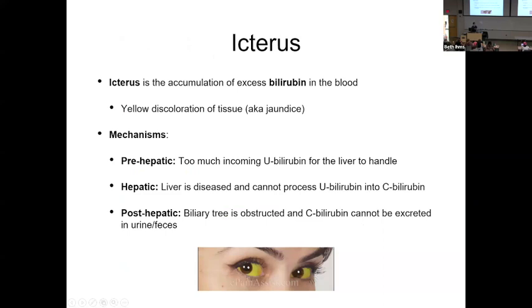So those are the 3 mechanisms. It's prehepatic, there's too much coming in and the liver can't handle it. It's hepatic, the liver is diseased and can't handle even a normal amount of bilirubin coming in, or it's posthepatic. There's normal amounts coming in, we process it appropriately, but we have an obstruction in our bile tract and we can't get rid of it.